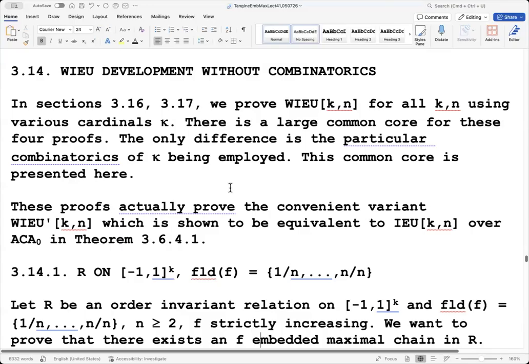Whereas before, the parameters of the indiscernibility reach up all the way, don't touch, but reach up all the way to the first indiscernible, so to speak.